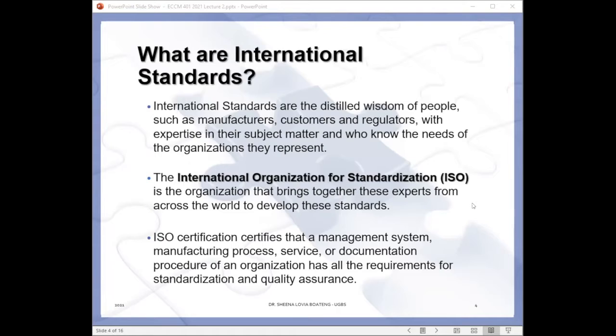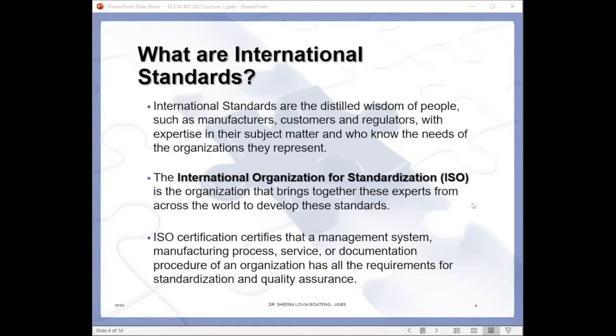So when we say ISO certification, it is a certification that is issued by a body that is accredited by the International Organization for Standardization. That certifies that a company's management system, manufacturing process, service, or documentation procedure has all the requirements for standardization and quality assurance.